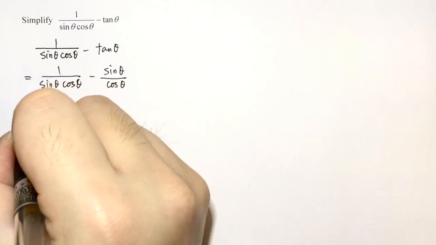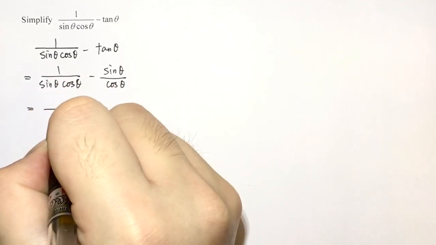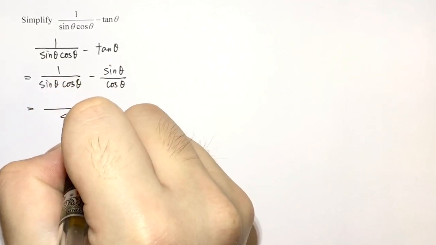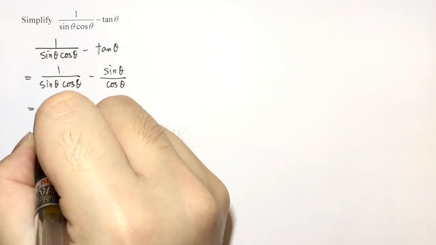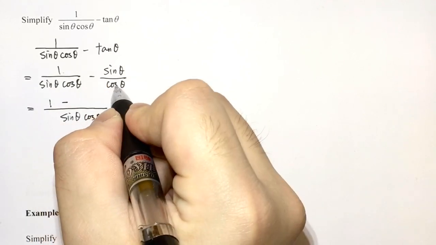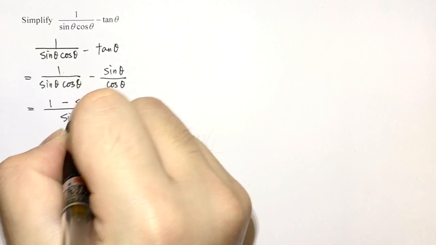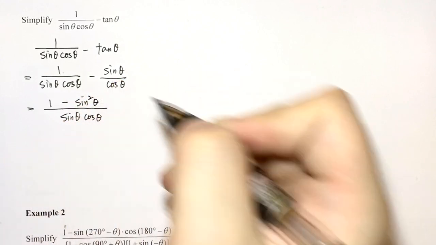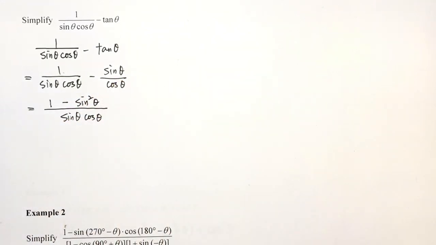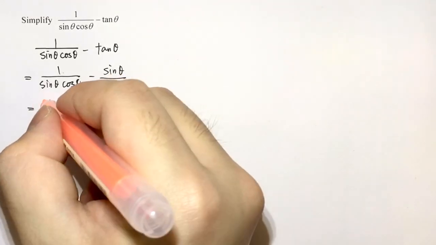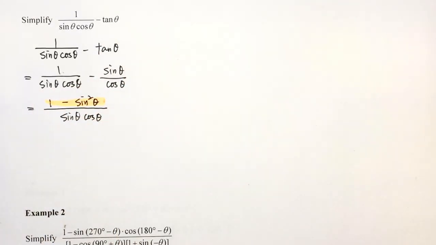And next, you need to find the common denominator, that is sine theta cosine theta. For the first term, no change. Second term, you have one extra sine, so you have sine square theta. Now for this 1 minus sine square theta, do you still remember, it is one of the identity variations.